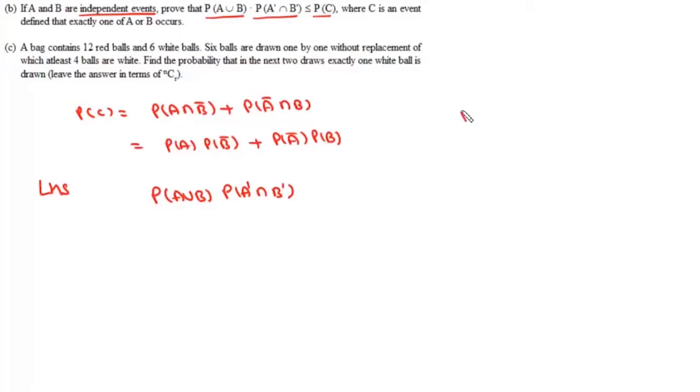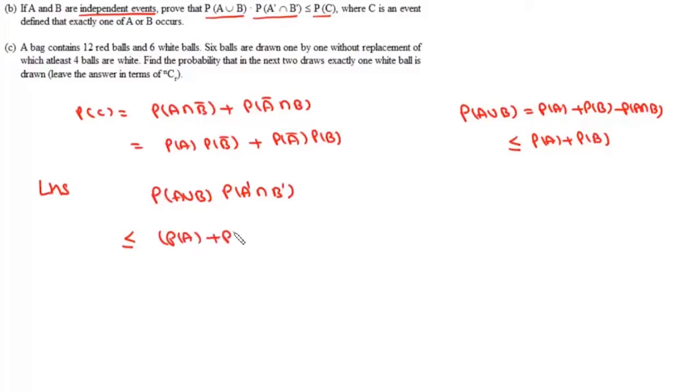Now we know that probability of A union B is probability of A plus probability of B minus probability of A intersection B. So this probability of A union B will always be less than or equal to probability of A plus probability of B. So we can write probability of A union B is less than or equal to PA plus PB, and here since A and B are independent, we can write this as probability of A naught into probability of B naught.